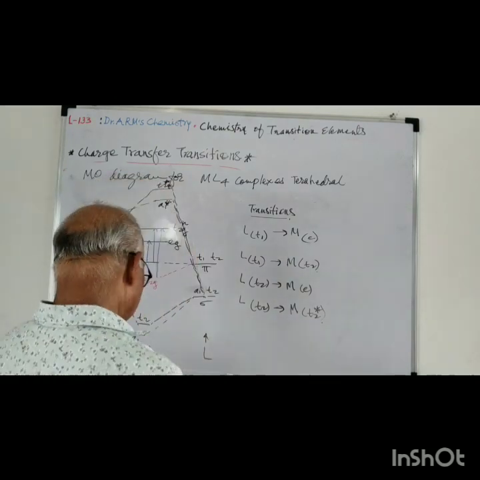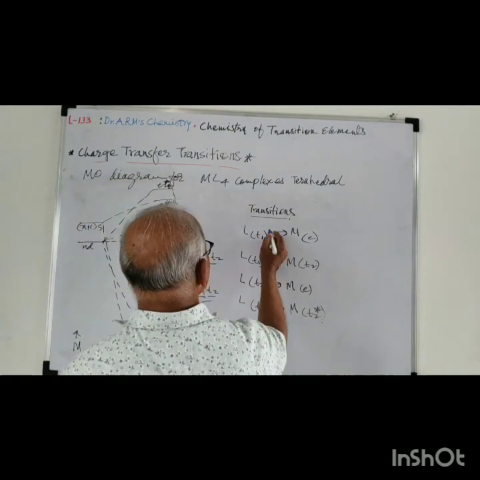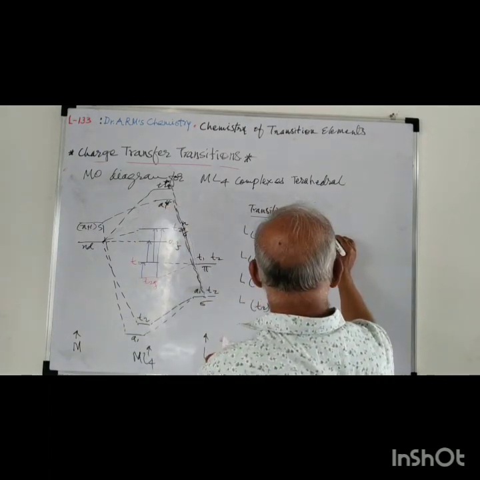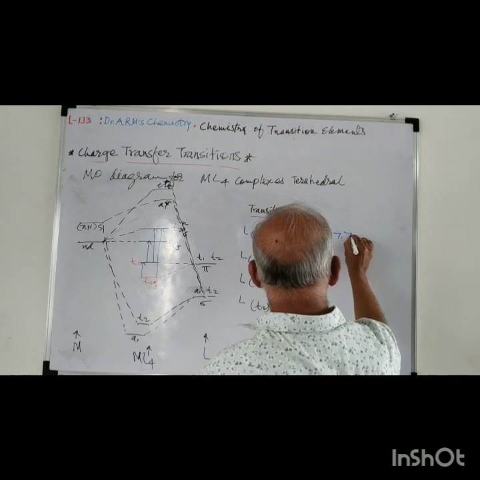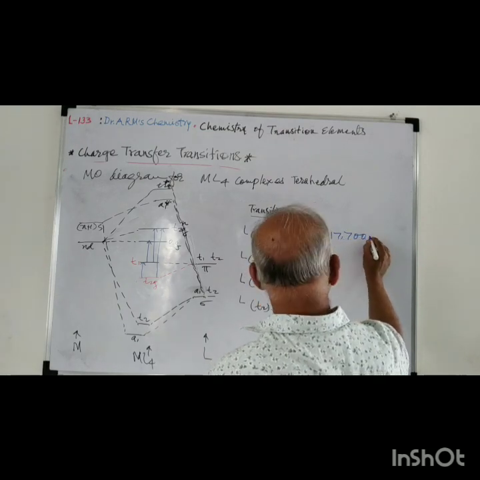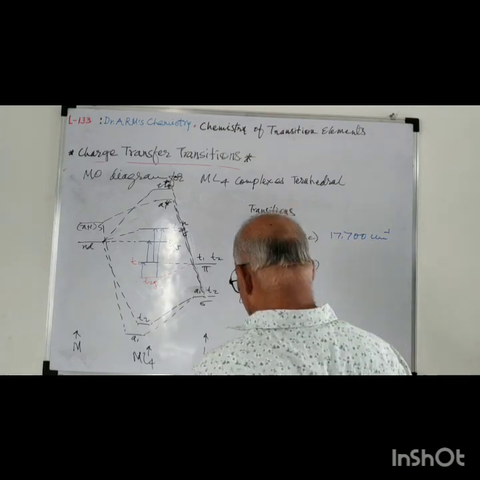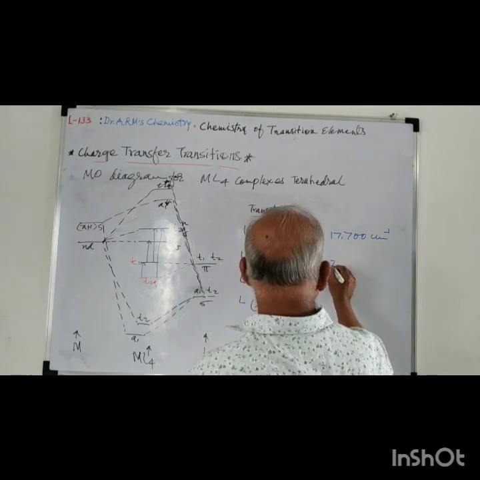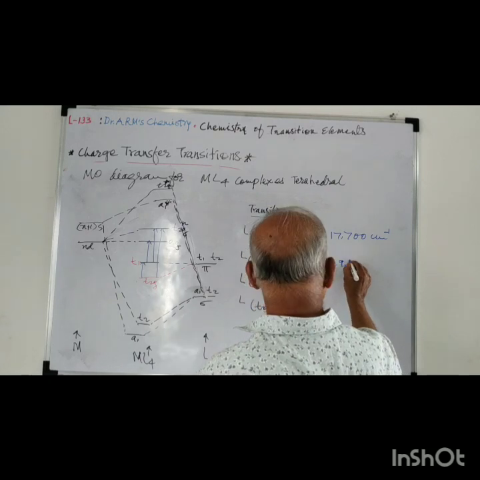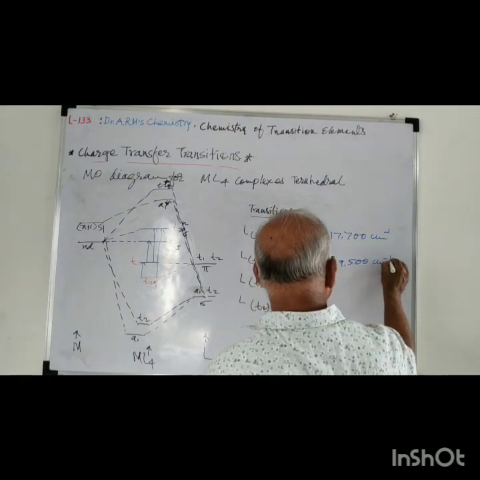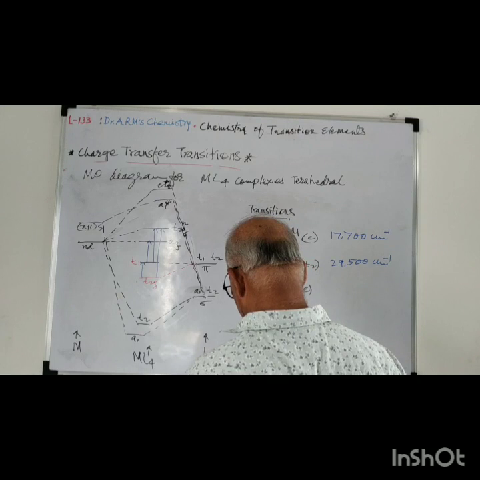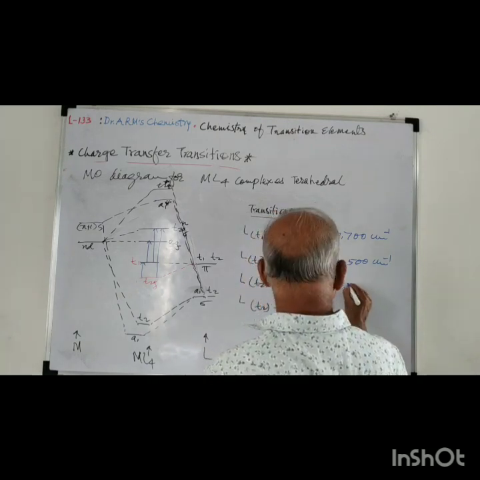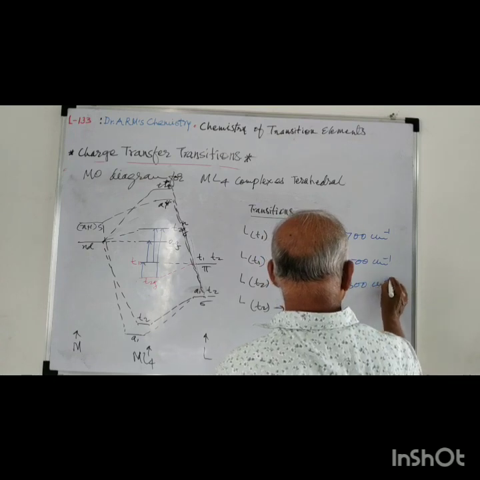Now if we see the values for these observations, the values of absorption bands are 17,700 per centimeter. For the second type of charge transfer band, the value is 29,500 per centimeter. For the third type of transition, the value is 30,300 per centimeter.